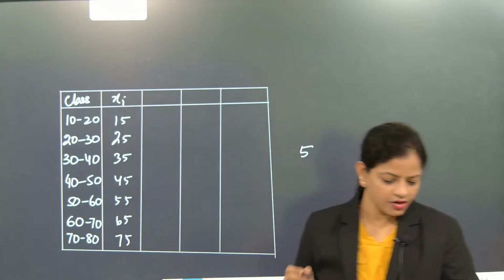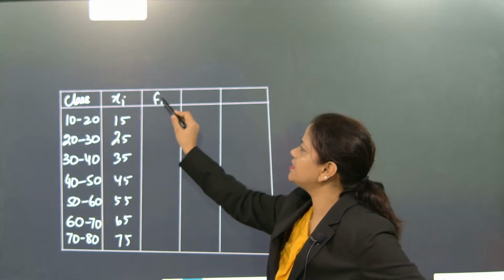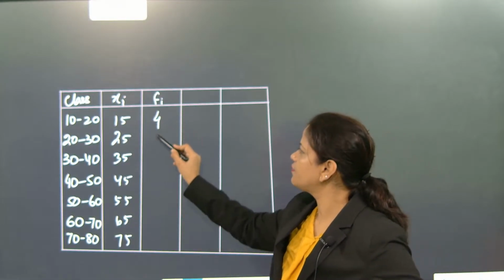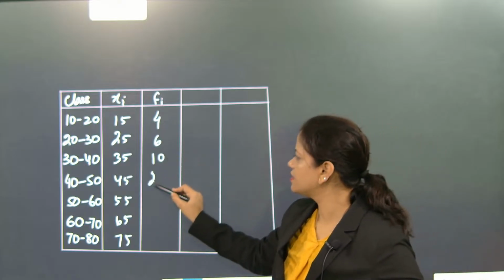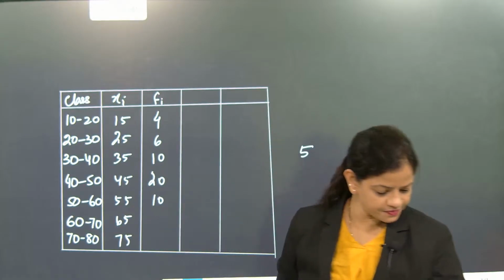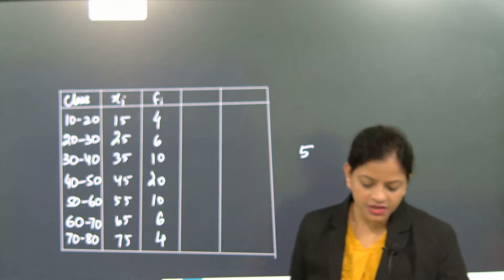This work is over. Now write the frequency, written as Fi: 4, 6, 10, 20, 10, 6 and 4.